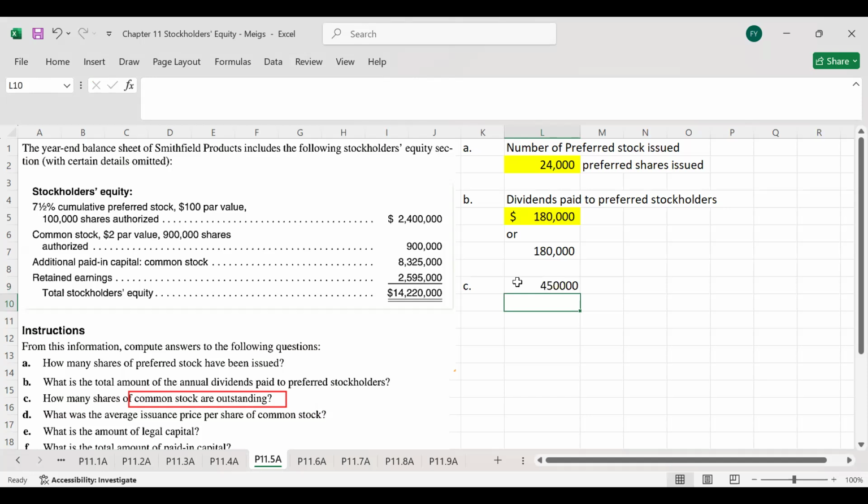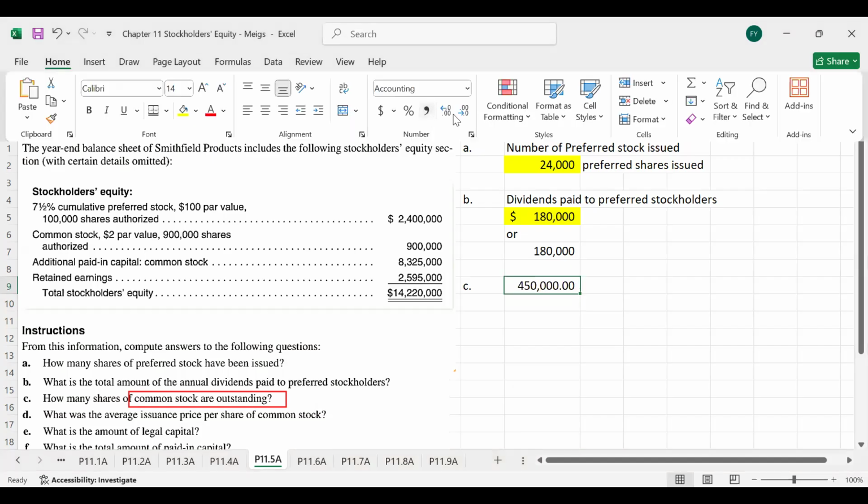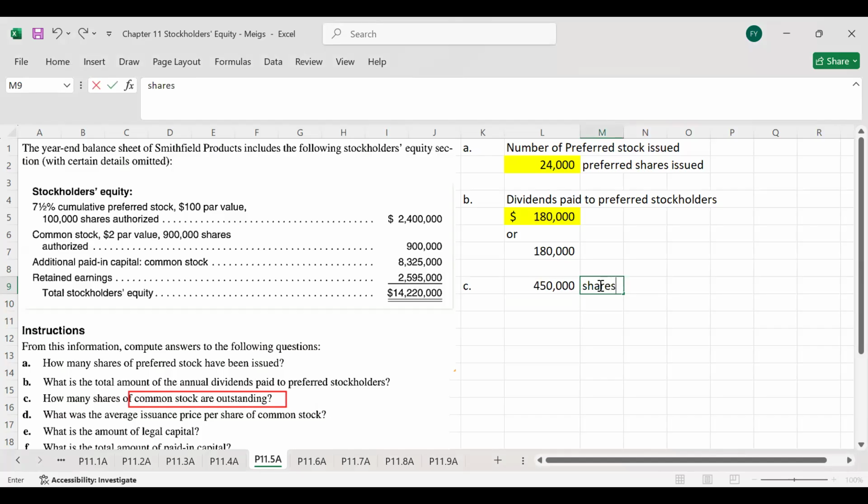So here we get 450,000 common shares issued. So we can write it: shares of common stock issued, or you can say this is the outstanding number of common shares.